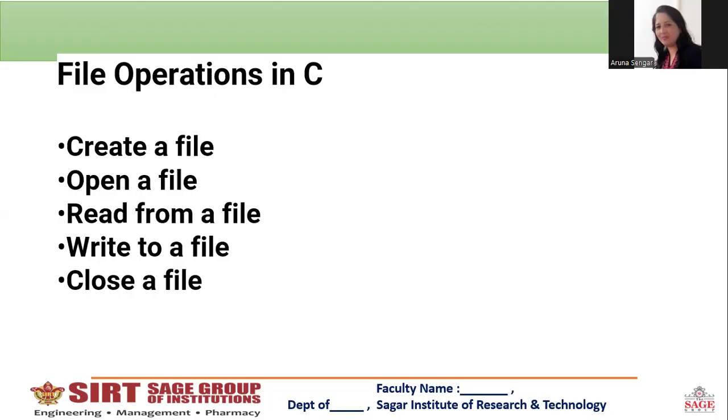So the next operation is read from a file, then write to a file, and the last one is close a file. So when we work with files in C, we perform these five operations: create a file, open a file, read from a file, write to a file, and close a file.